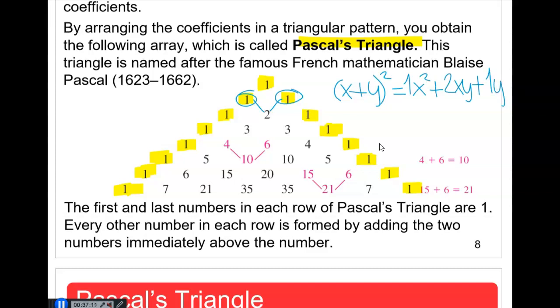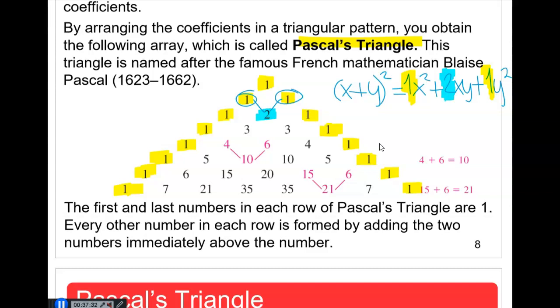So the coefficients happen to match the numbers for that row in Pascal's triangle. We have 1 1 at the beginning and at the end, and then a 2 in the middle.